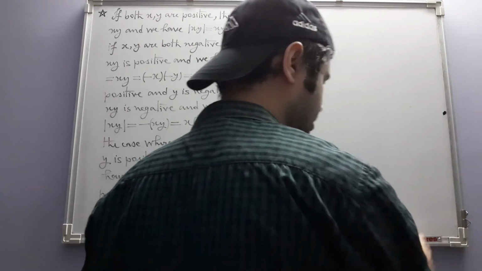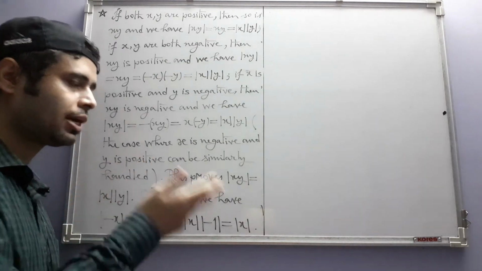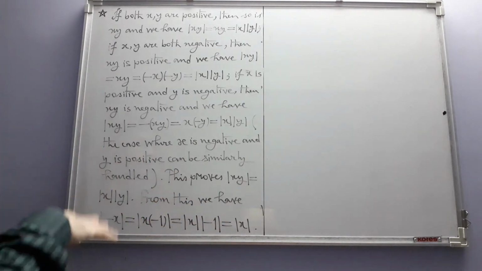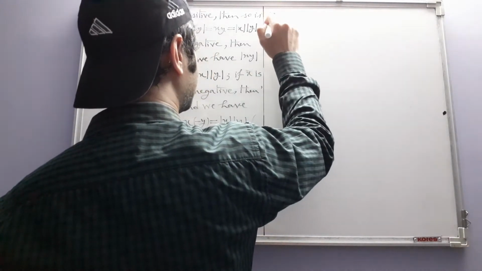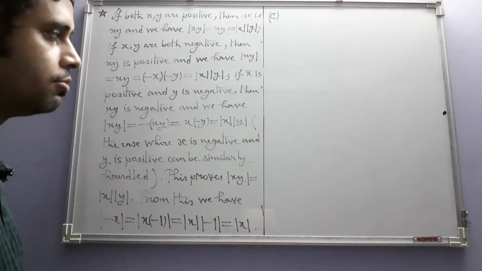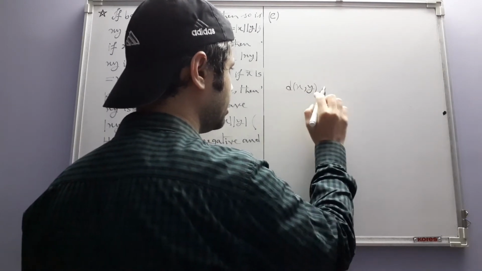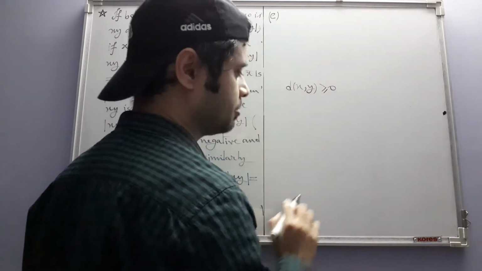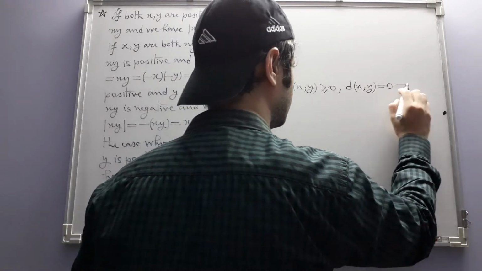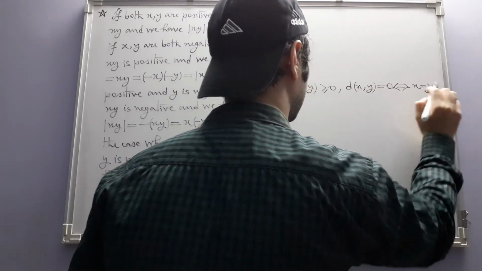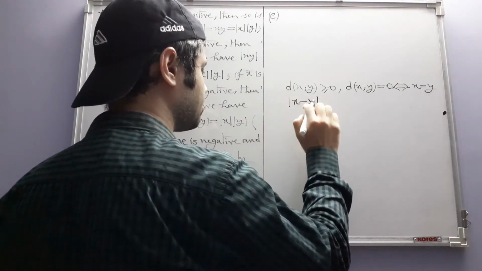So after part D, we now have part E, where we have things about distance. For absolute values, we have proved all the things. In part E, we are asked to prove that distance between x and y is always greater than or equal to 0, and it is equal to 0 if and only if x is equal to y. You just have to notice that this by definition is nothing but an absolute value.